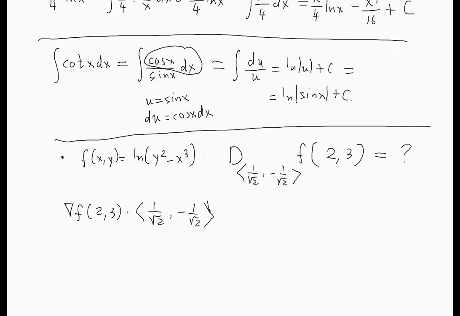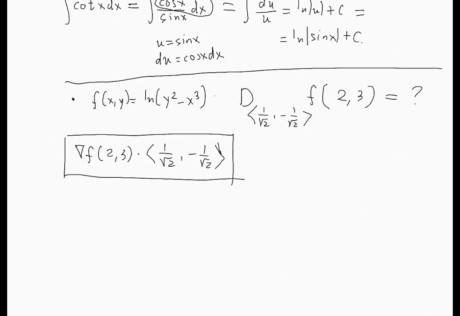And the gradient, I remind you, is a vector whose components are the partial derivatives at a given point. So let's find the derivative with respect to x. So that will be 1 over y squared minus x cubed times negative 3x squared.